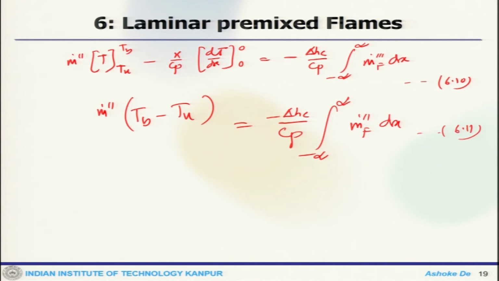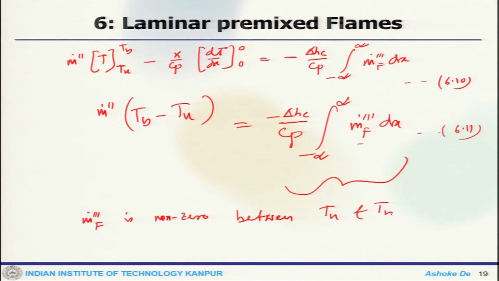Now, the limits of the reaction rate integral can be switched from the space coordinate to temperature. The reason is that the reaction rate is non-zero only between Tu and Tb, over delta.